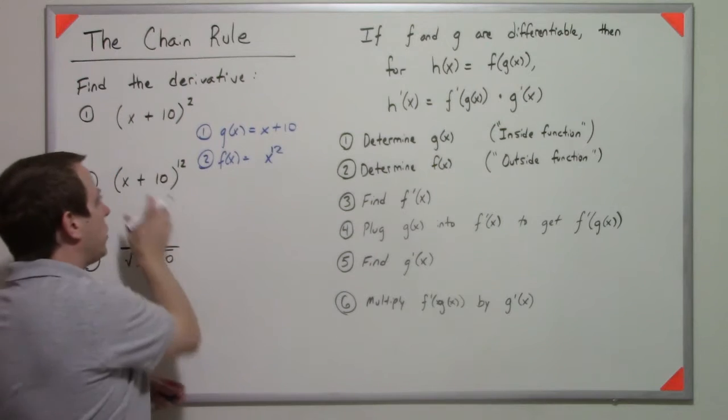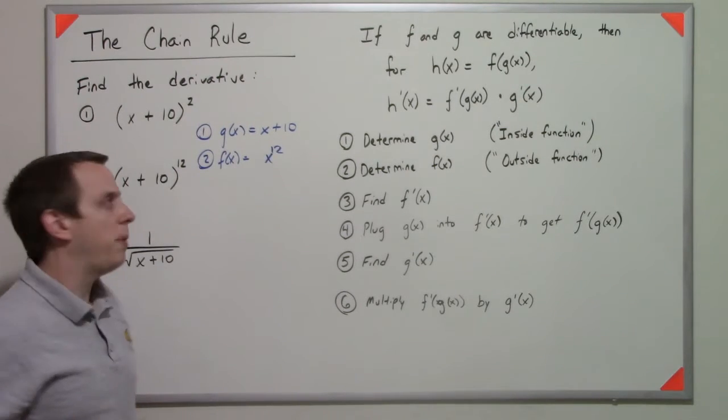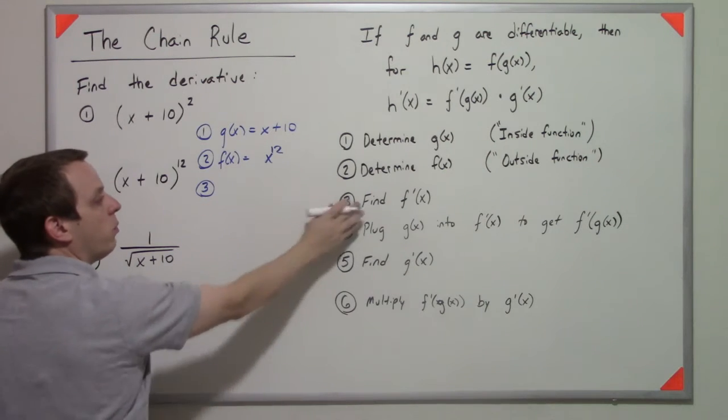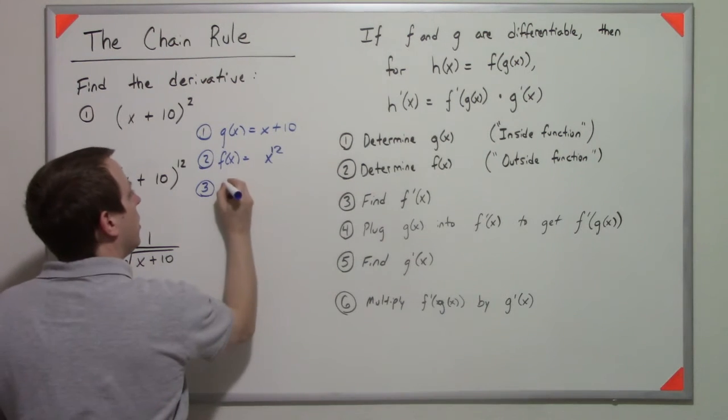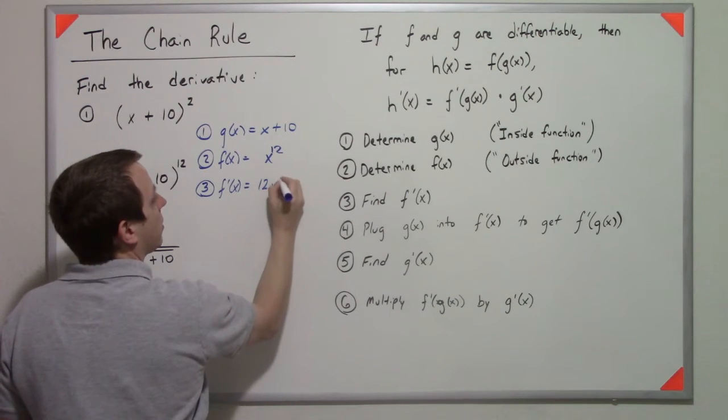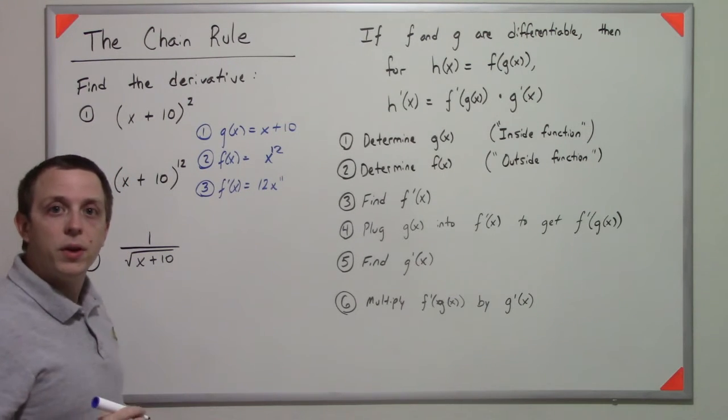That's all we're thinking about, is something to the 12th power. Now your third thing is we need to find what f prime is. So f prime of x is 12x^11. Okay.